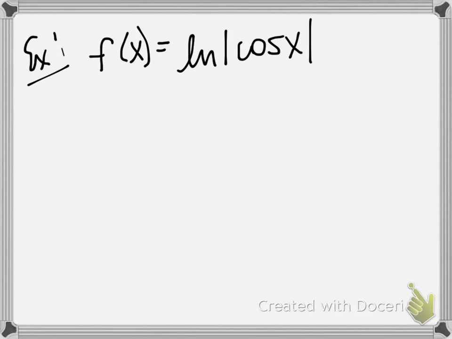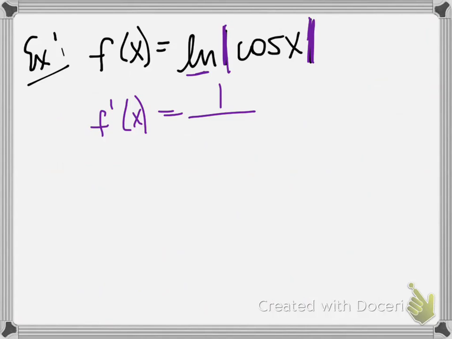Okay, so one of the things you're going to see is with some trigonometry, you may have to do a little rewriting. So if I want to take this derivative, actually the derivative part is pretty easy. Keep in mind that the absolute value bars are just there because you cannot take the natural log of anything negative. So if you see absolute value bars, don't let that scare you.